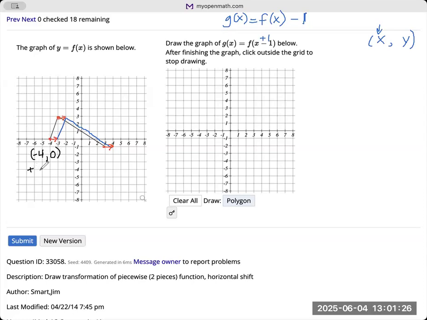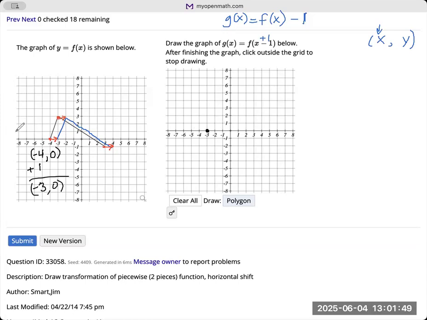So we're going to add 1 to the x coordinate, and that will become -3, 0. That is the coordinates on the new g of x function. So I can easily graph this on this side. It's -3, 0. There it is.